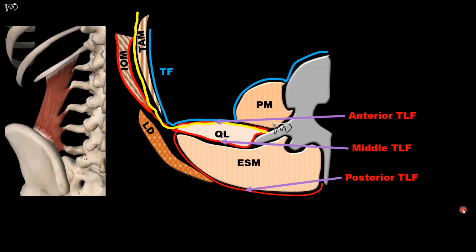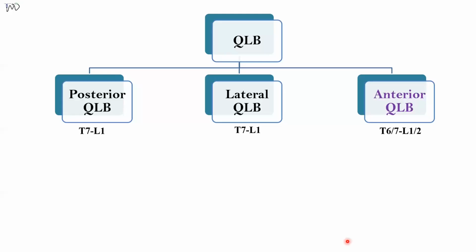Quadratus lumborum muscle, along with the various layers of thoracolumbar fascia, act as an anatomical bridge between the anterolateral wall and the paravertebral region. According to the latest consensus, there are three types of quadratus lumborum block.